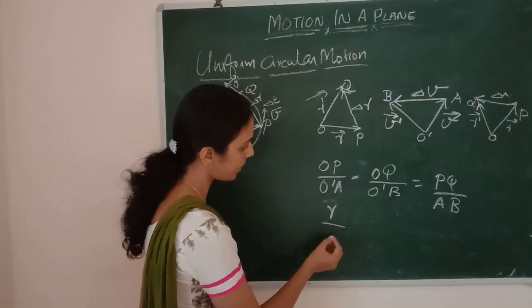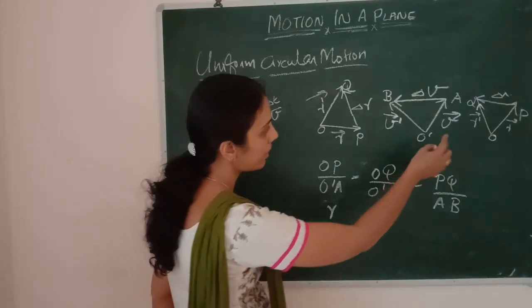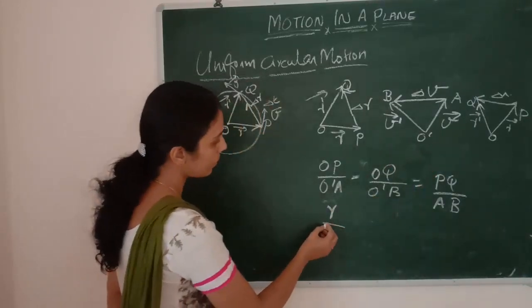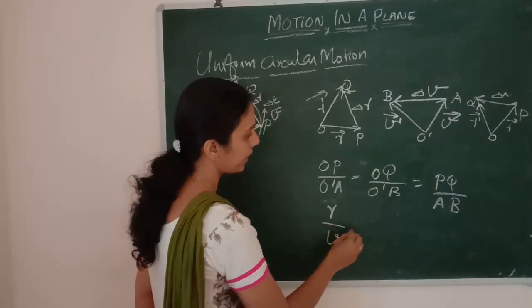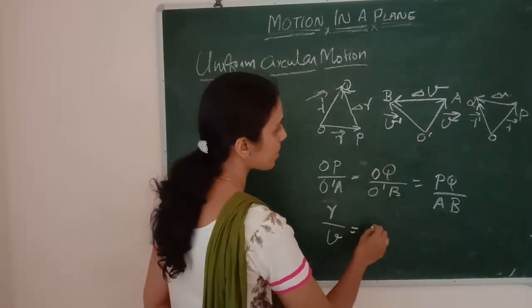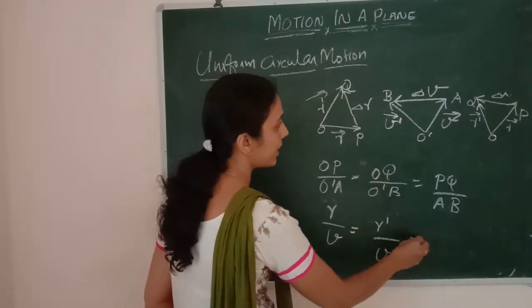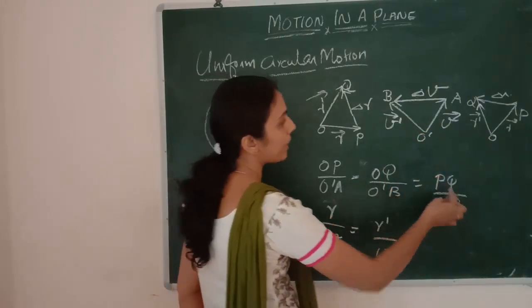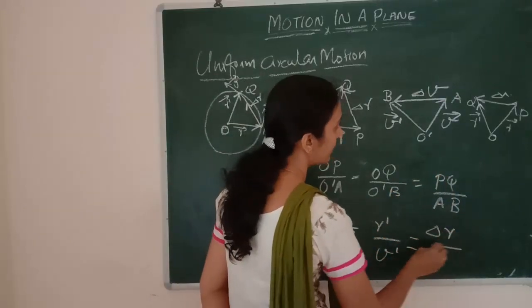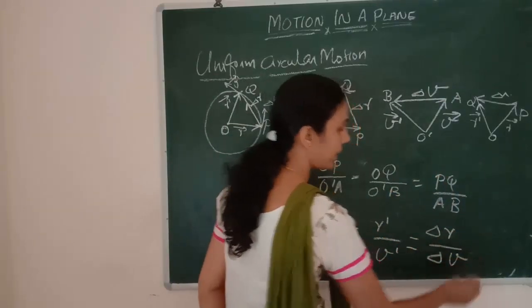So R divided by O dash A. What is O dash A? It is V. OQ is R dash, divided by O dash B which is V dash, equals PQ which is delta R, divided by delta V.